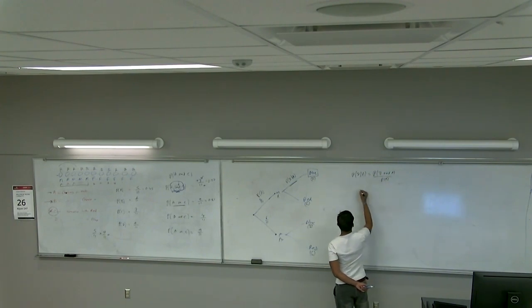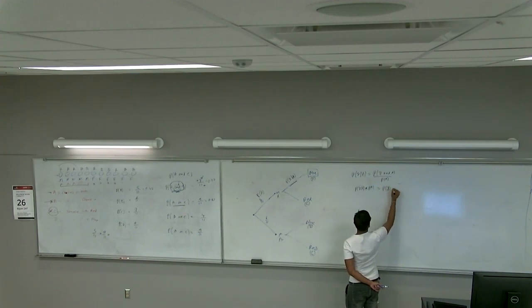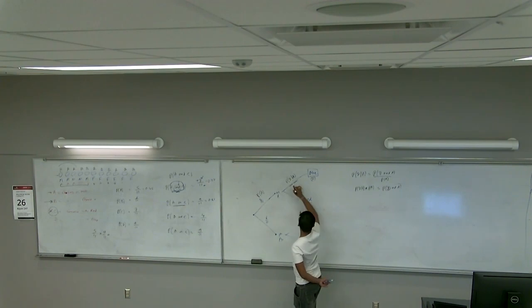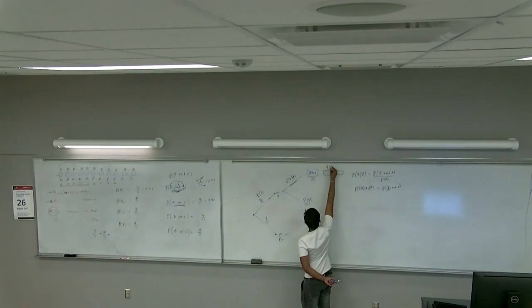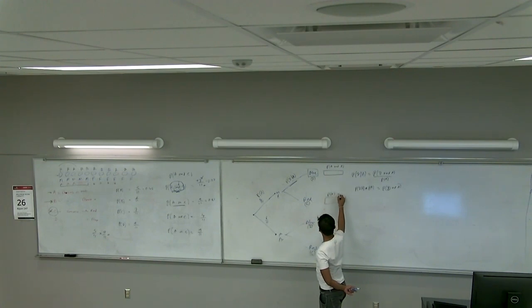So if you multiply this throughout, it will be equal to P(A and D). So if you multiply these numbers together, the result you get is P(A and D). And if you multiply this one and this one, the result you get will be P(A and C).